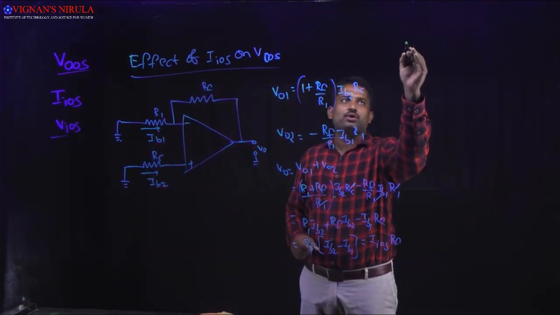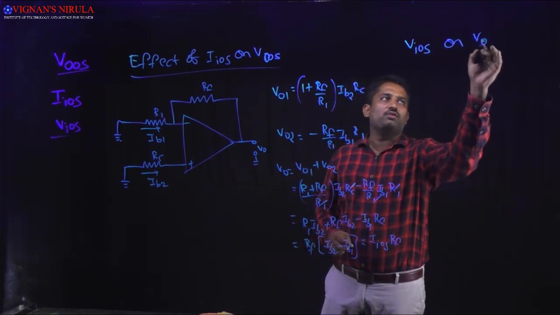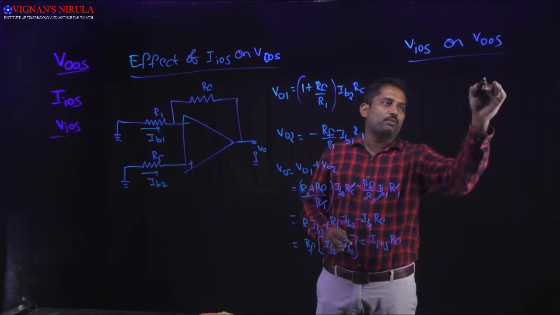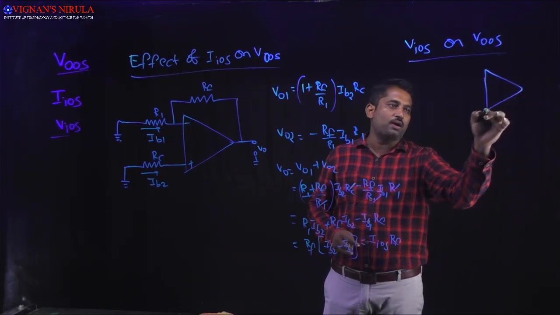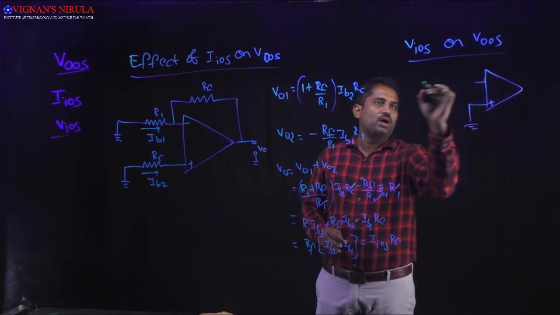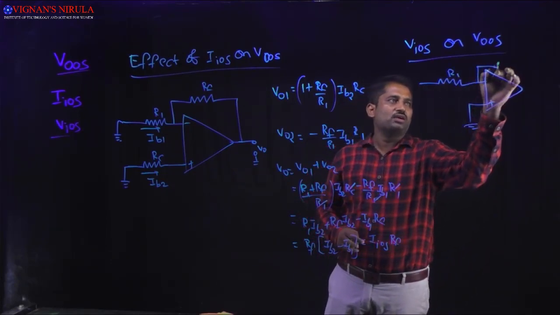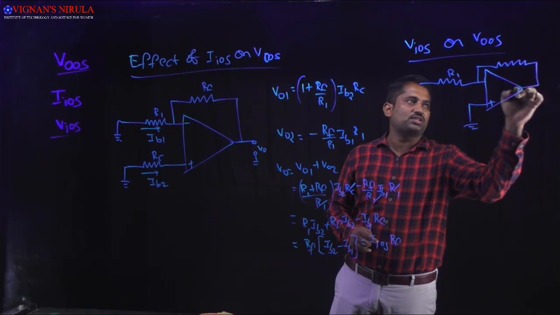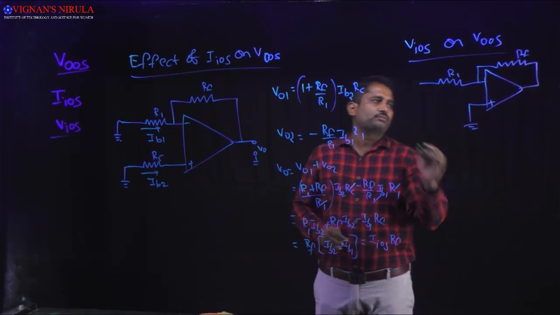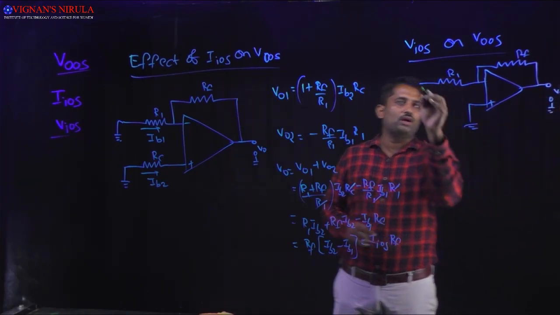Next, I am going to tell you about the effect of input offset voltage on VOOS. For that, I am going to consider an op-amp. Here the plus terminal is connected to ground, here I am taking R1, and here I am taking a feedback resistance RF, connected to V0.